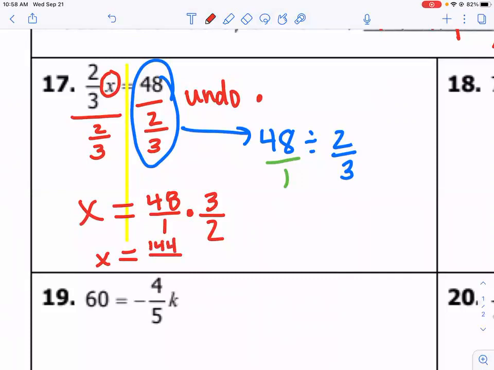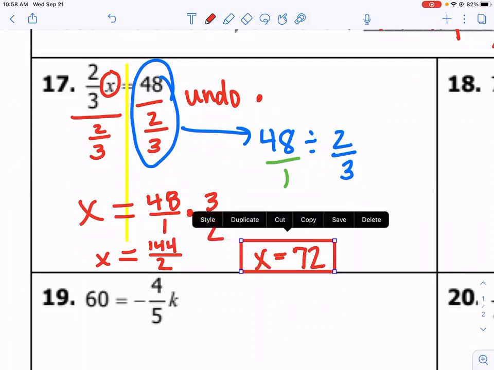And then 1 times 2 is? Okay, 2. So then 144 divided by 2, does that give us a nice number? Isn't that what this says right here? 144 divided by 2?